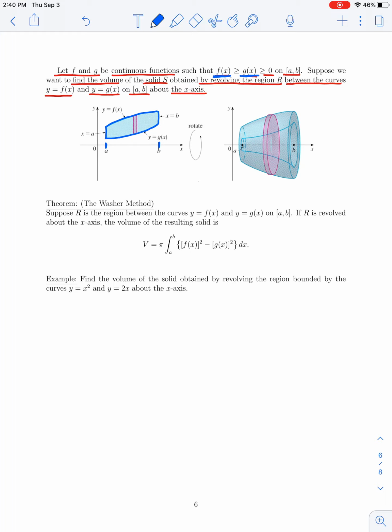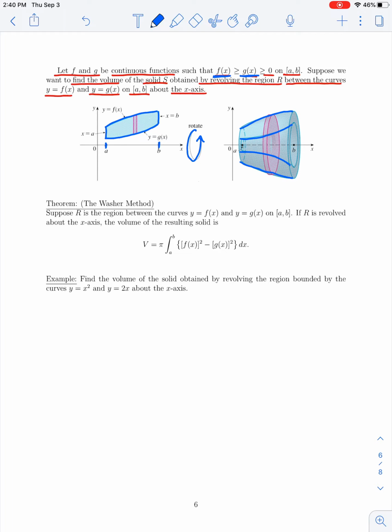So we have this solid region, and we're supposed to take this region and revolve it about the x-axis. When we do that, we get a solid S whose outer edge looks something like this, and our inner edge looks something like the following.